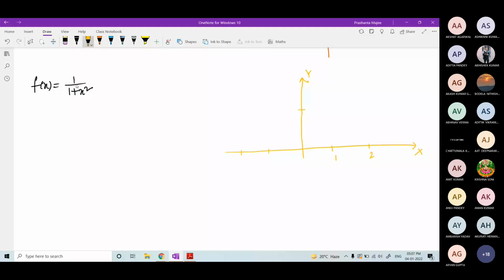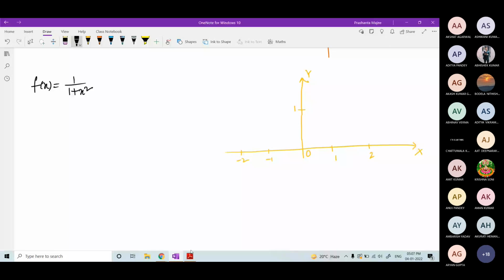This is the coordinate system, and this is the origin O. Now if we plot the function, this is the plot of the function. It is always positive.